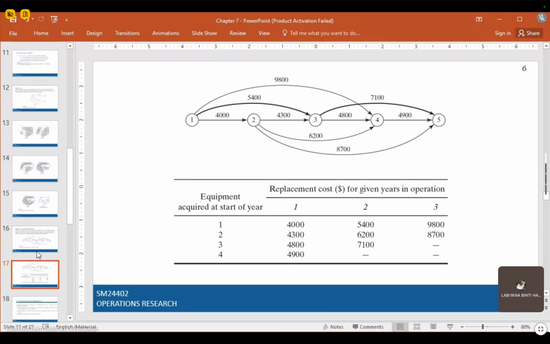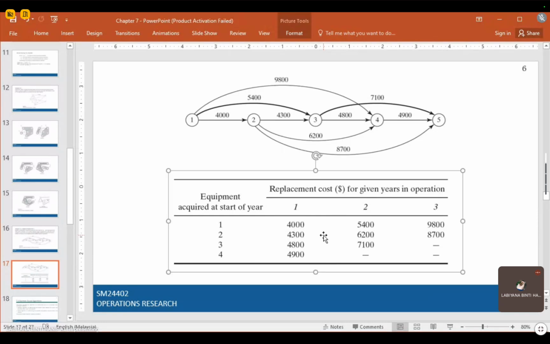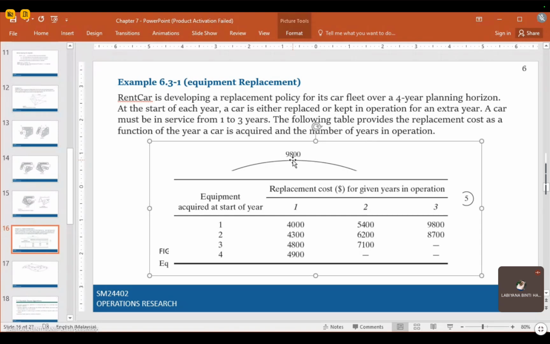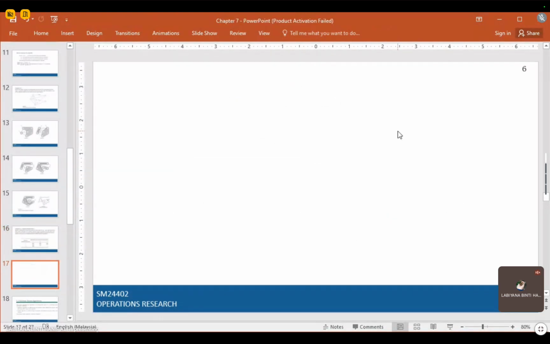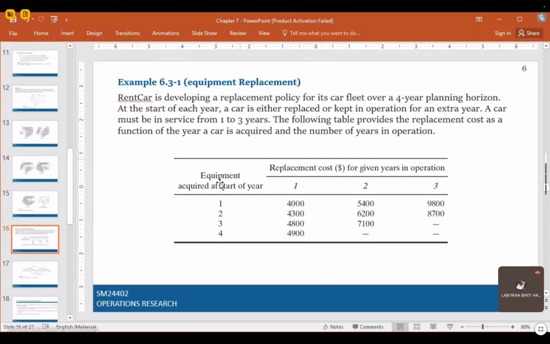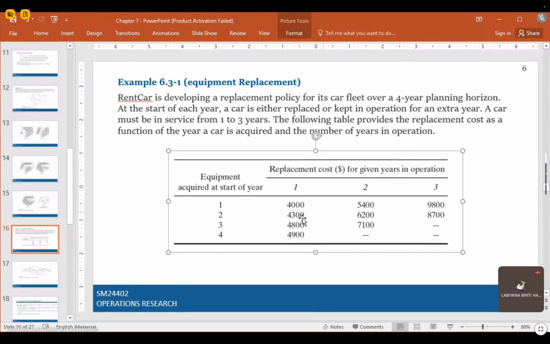Okay, so this is the table. In this table, we have equipment acquired at the start of year 1, 2, 3, and 4, and we also have the replacement cost for a given year in operation.